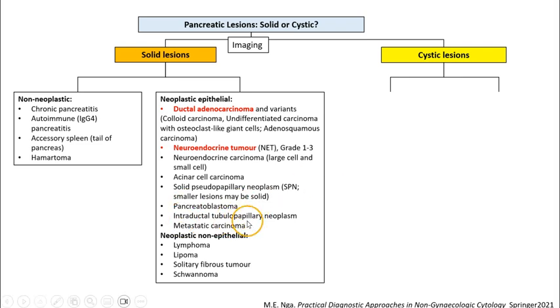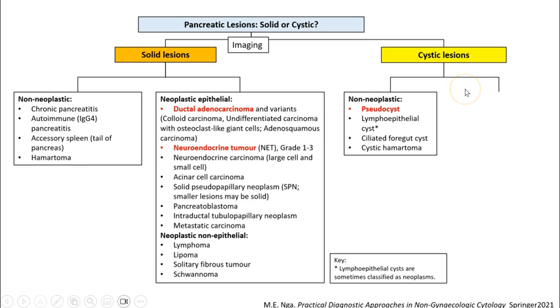And we have other entities, including metastatic carcinomas, which can occasionally go to the pancreas. For example, colonic carcinoma can metastasize to the pancreas. We also have the non-epithelial neoplasms, such as lymphoma, lipoma, solitary fibrous tumor, and schwannoma.